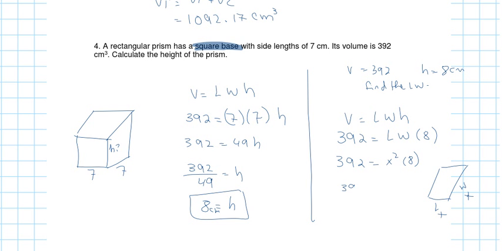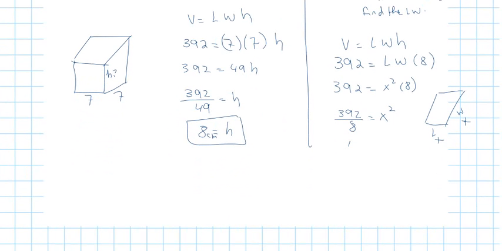What's 392 divided by 8? 49. And then to find the length, you just square root, and that gives you x equals 7.